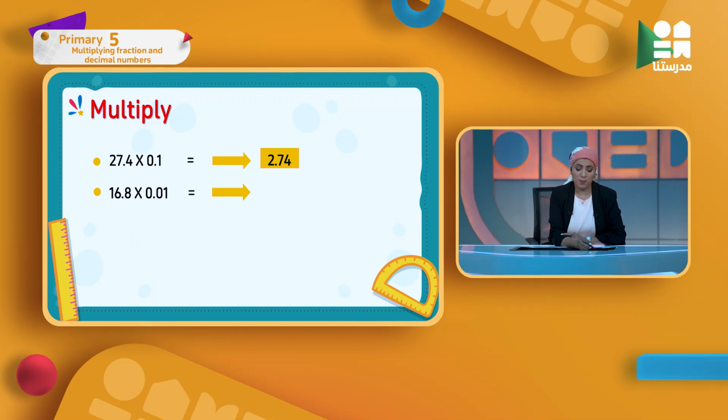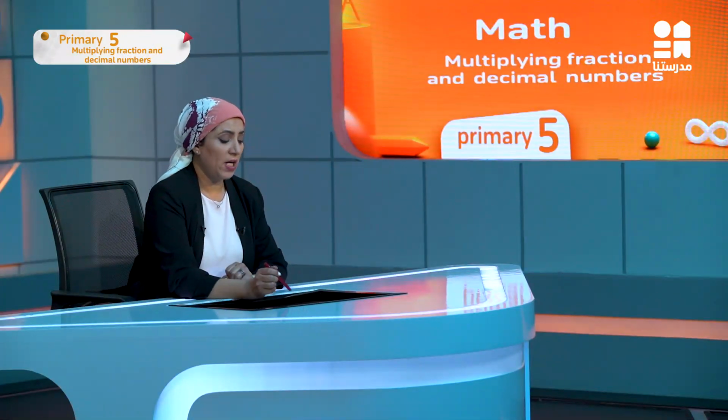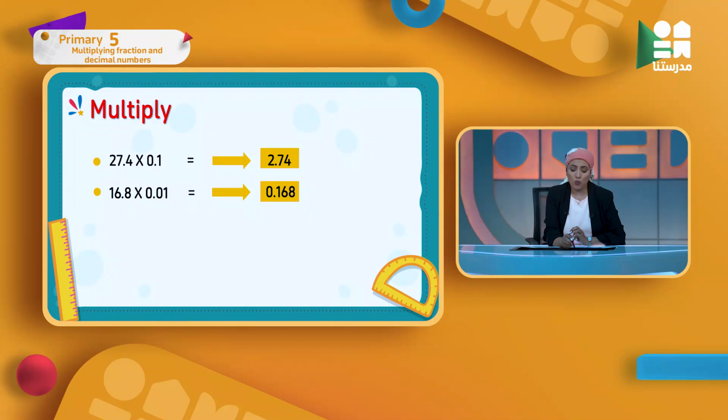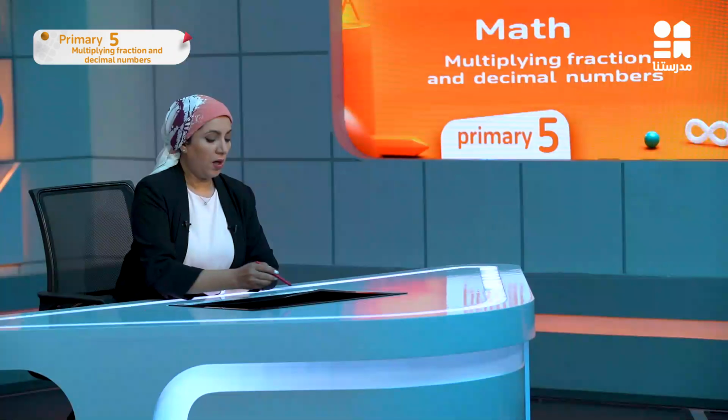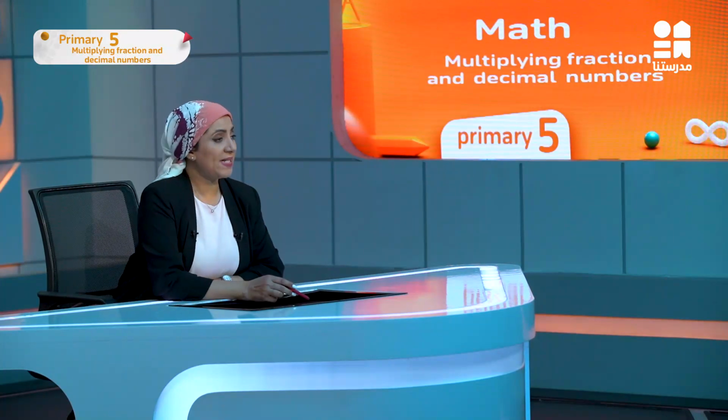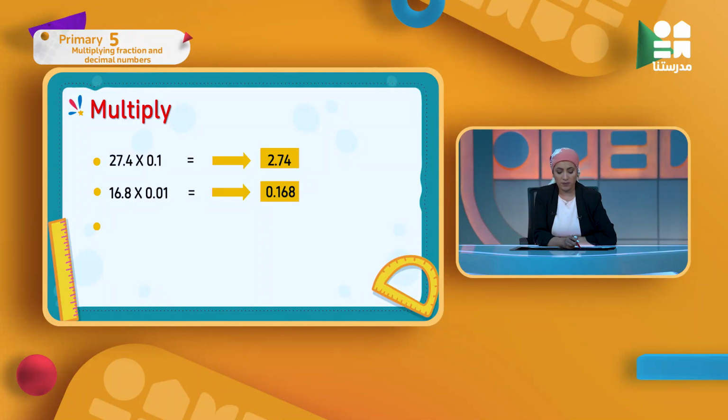I have in the first number, which is 16.8, 1 decimal place or 1 number after the decimal point. And in 0.01, I have 2 digits after the decimal point. So here in total, I have 3 decimals, 3 numbers after the decimal point. So 168, I will count 3 decimal places. It will be 0.168.